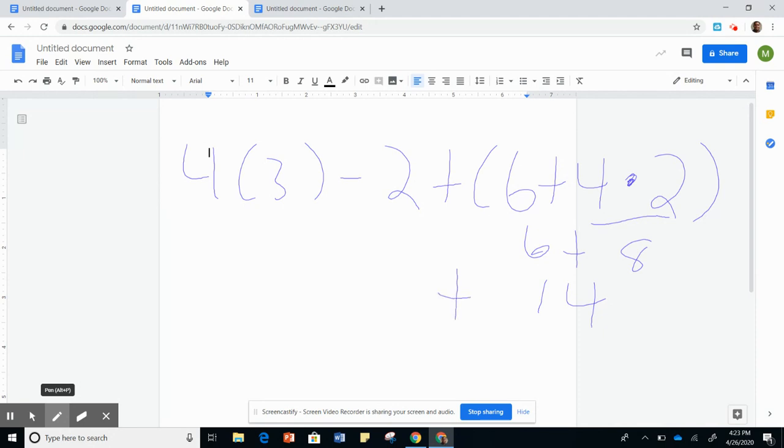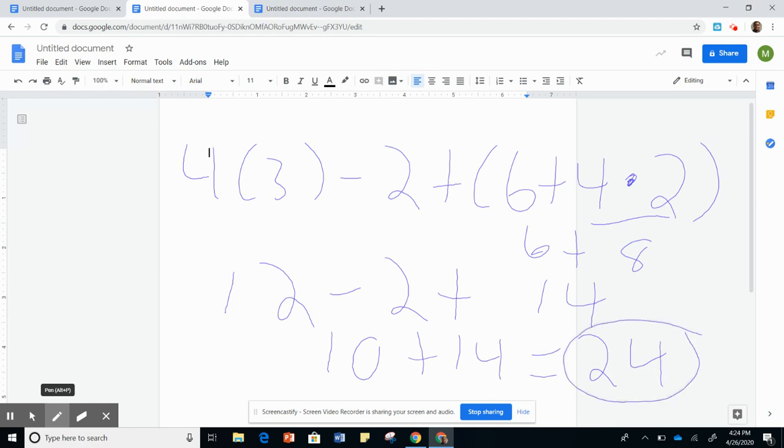Now, let's go to the left side. 4 times 3, which is 12. And we bring down our minus 2. So now our problem is 12 minus 2 plus 14. 12 minus 2 is 10 plus 14. So our total is going to be 24.